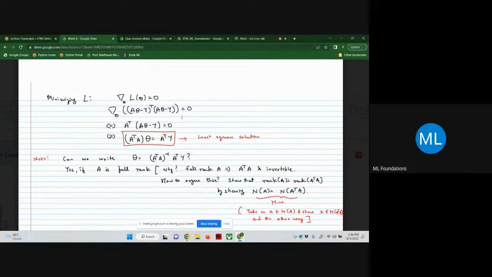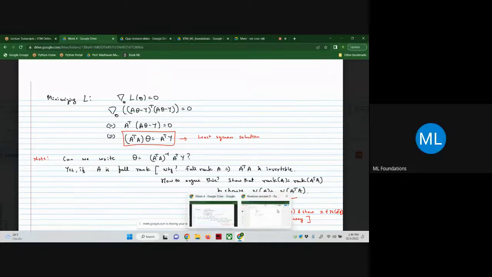This is the product of these two brackets, the bracket which has a transpose and the bracket which does not. When I differentiate with respect to theta, I will get A transpose into (A theta minus y) plus (A theta minus y) transpose into A. That term, where has it gone?